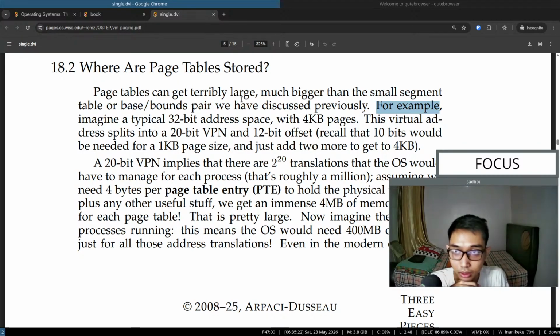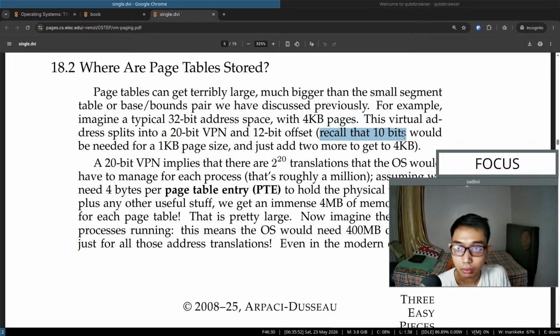For example, imagine a typical 32-bit address space with 4 kilobyte pages. This virtual address is split into a 20-bit virtual page number, VPN in this case meaning virtual page number, and a 12-bit offset.